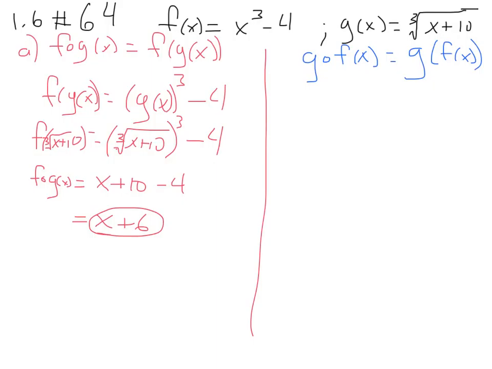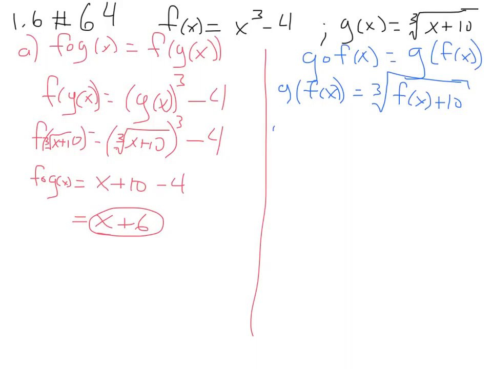Now, g composed with f of x. What we do is we take our g function, the cubed root of x plus 10, and everywhere there is an x, we stick an f of x. So it's going to be the cubed root of f of x plus 10. But f of x was x cubed minus 4.